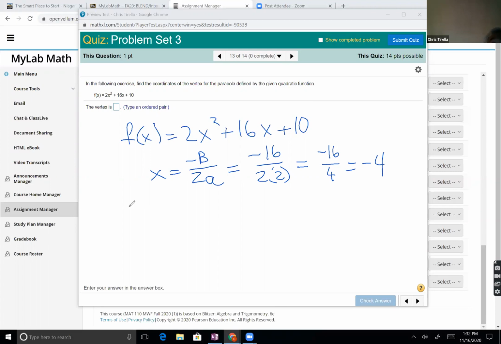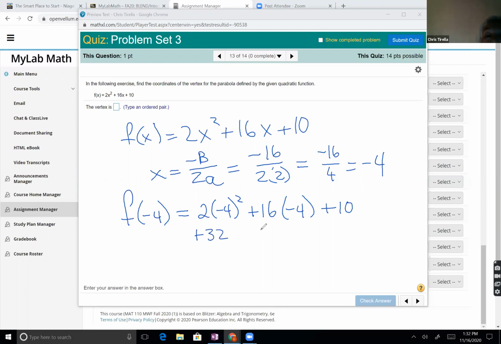And then for the y value, we'll substitute that in for x. f of -4 would be 2 times -4 squared plus 16 times -4 plus 10, which would be positive 16 times 2 is 32, minus 64 plus 10 would be 42 minus 64 is -22. So our vertex would be the point -4, -22.